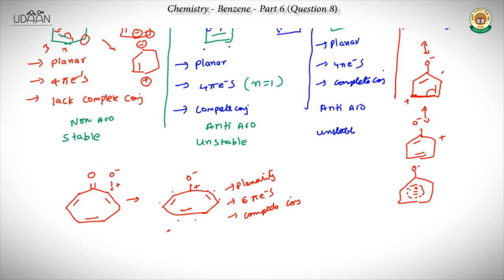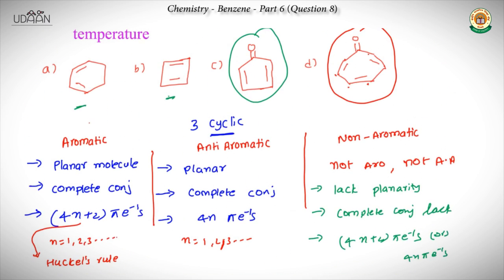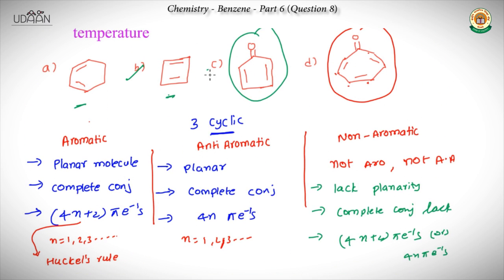And so as it obeys the condition for aromatic compounds, it is aromatic and stable at room temperature. So among the given compounds, the second one and third one are unstable at room temperature.